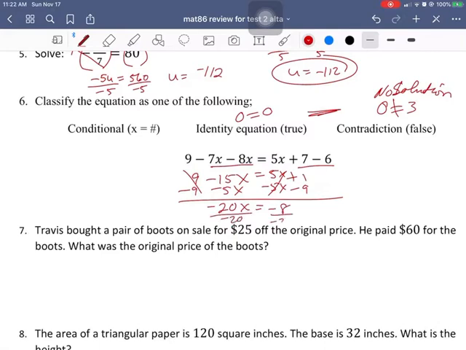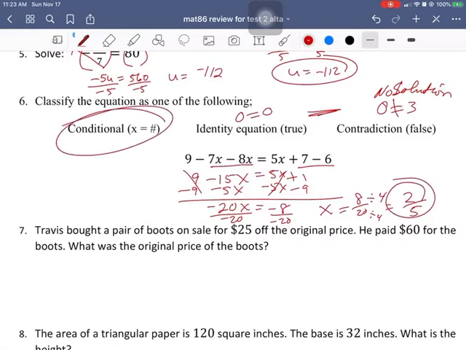Isolate my x, so I'm not losing my x here. So it's definitely going to be conditional. Negative over negative is a positive. And they're reducible by 4. So it's going to give you 2 over 5. Okay. And so that's conditional.